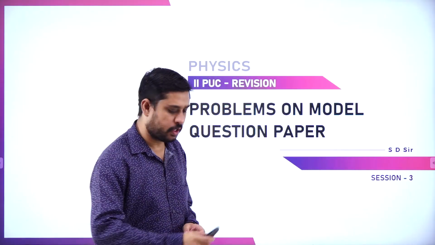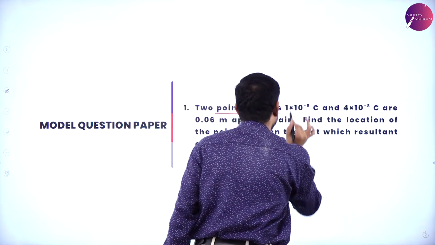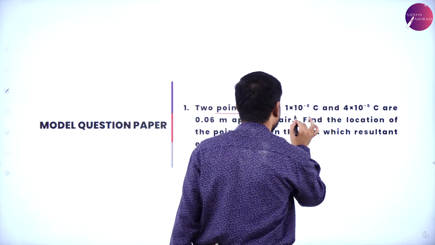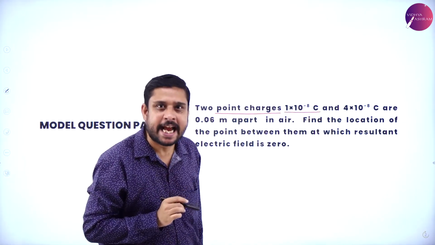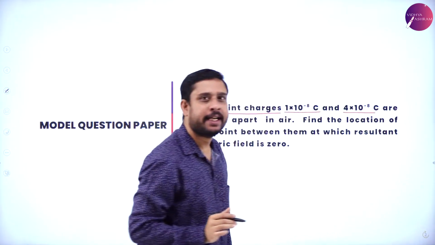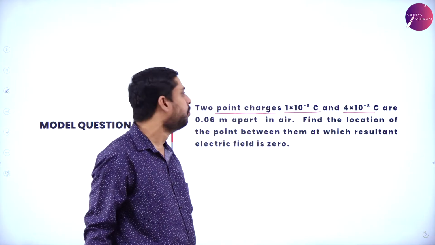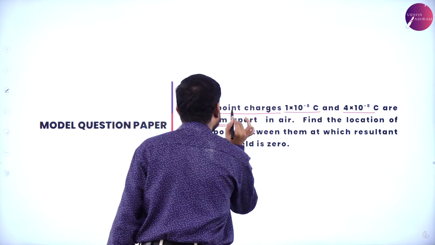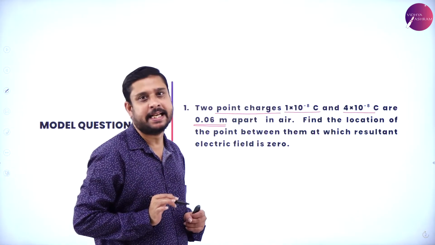The first problem, students. The problem says two point charges 1 into 10 power minus 8 coulomb and 4 into 10 power minus 8 coulomb are 0.06 meter apart in air.